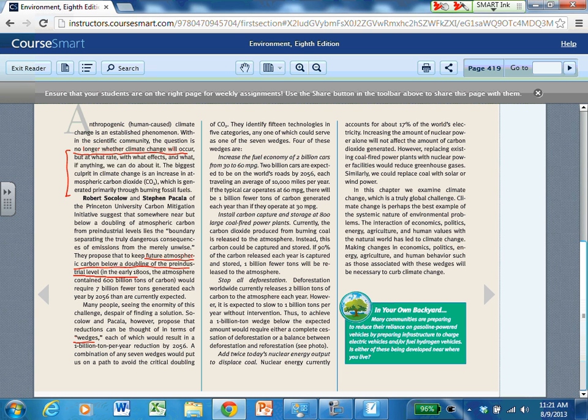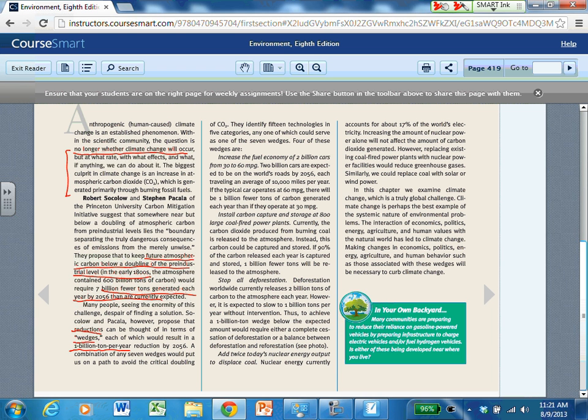Doubling of pre-historical levels, 7 billion fewer tons generated each year by 2056 for a wedge. If we want to avoid that doubling, reductions, these wedges represent 1 billion ton per year.